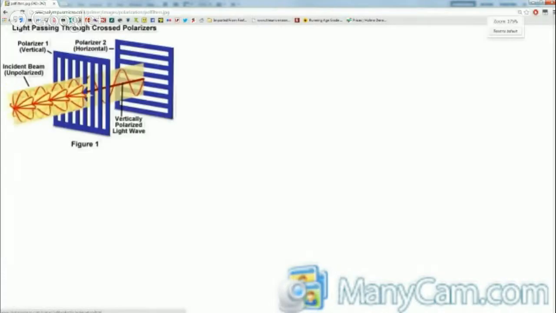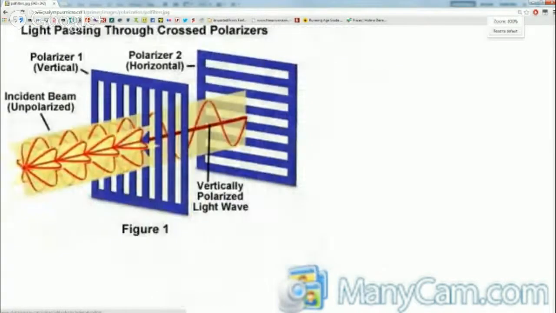So we start off with unpolarized light, which must be a transverse wave in order to be polarizable. Something like sound waves would not be polarizable because it's longitudinal.